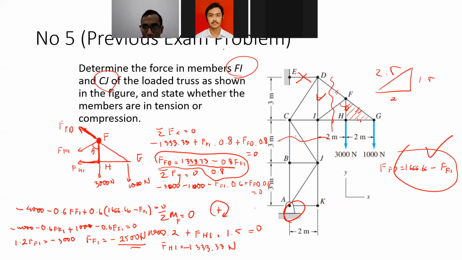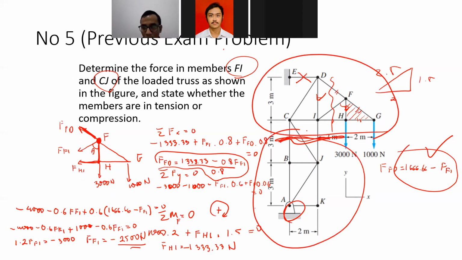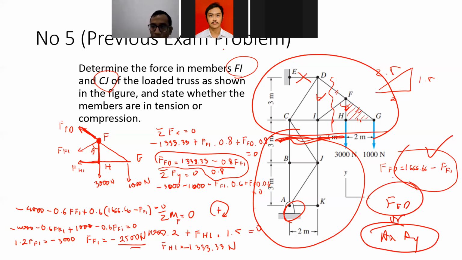In order to do the section here, we either solve for the top part or the bottom part. So in this case, we either need to solve for FED or AX, AY, like that. So we can solve only this or this one.